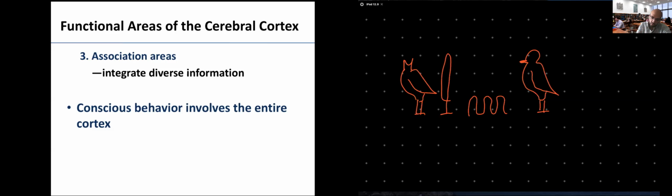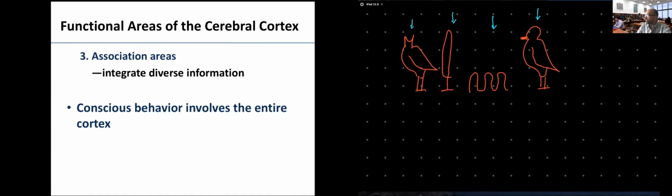So this is an owl, leaf, water, and a bird. All right, in hieroglyphics, this is simply my name, M-I-N-A.